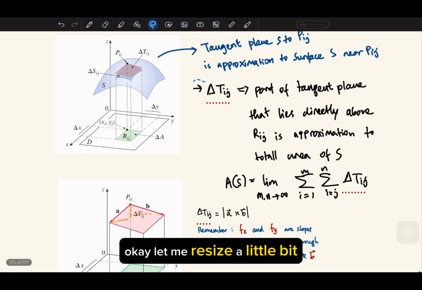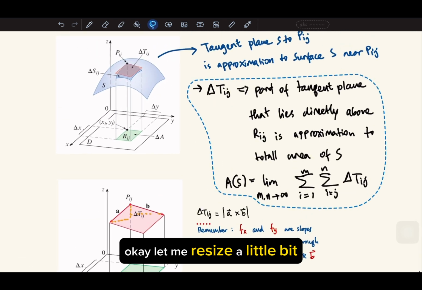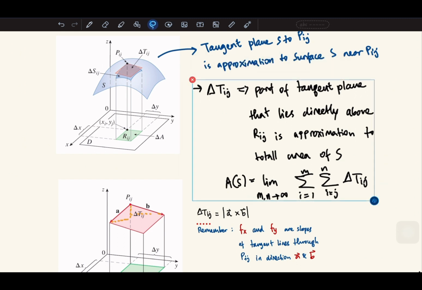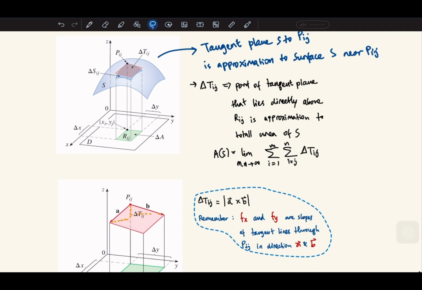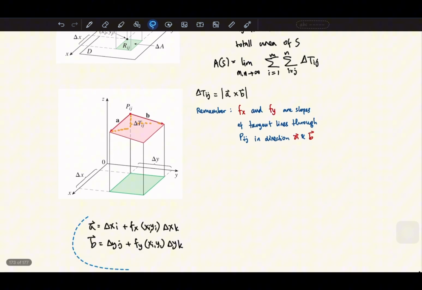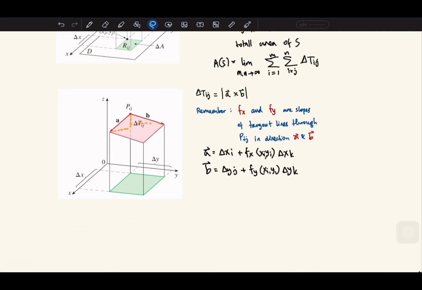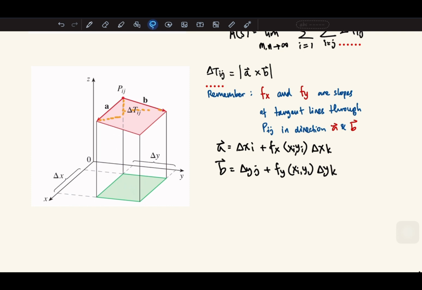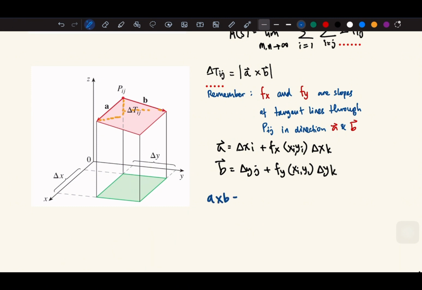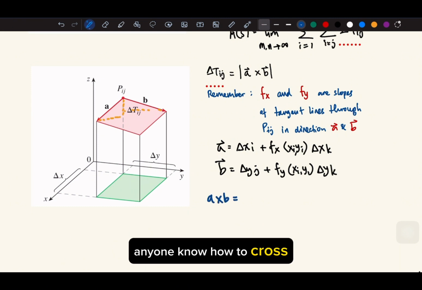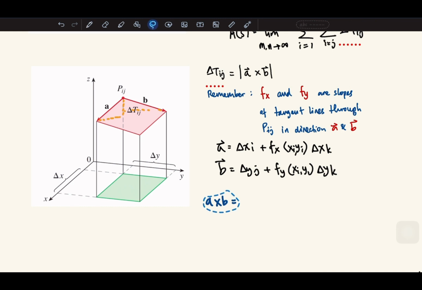Okay, let me resize a little bit. Okay, now let's take the cross. So A cross B. Anyone know how to cross? Do you still remember how to cross?